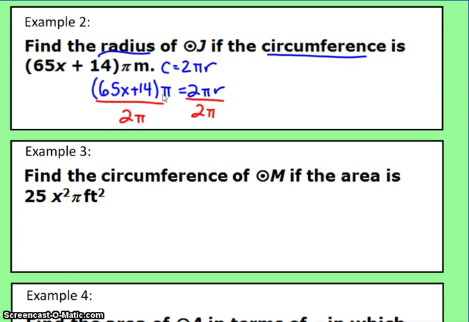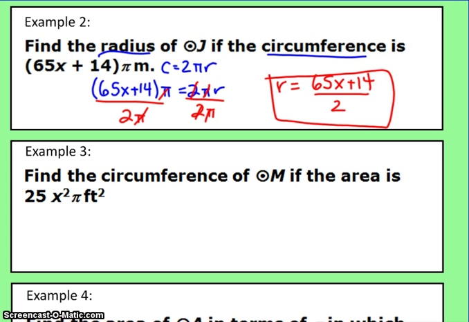Pi over pi is 1, so those cancel out. 2 over 2 is 1, so I'm left with r equals 6x plus 14 over 2. What I can do is write it as a fraction. And that is the radius.